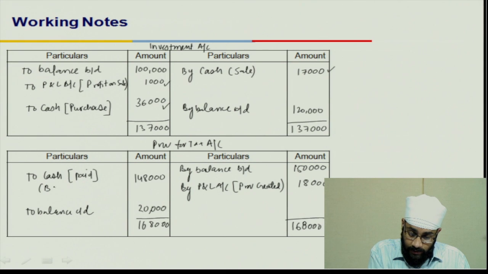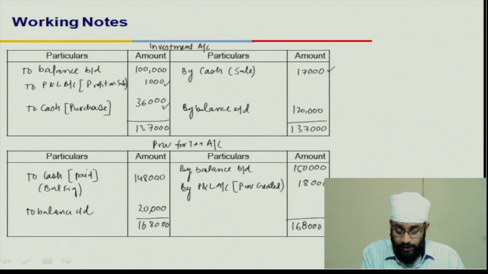This is the balancing figure here. So this 148,000 is the actual tax paid, which will be deducted from the profit at the end of the calculation of operating activities. And in the profit and loss account, the provision created, 18,000, is going to be added back to the profit because this is a non-cash item.